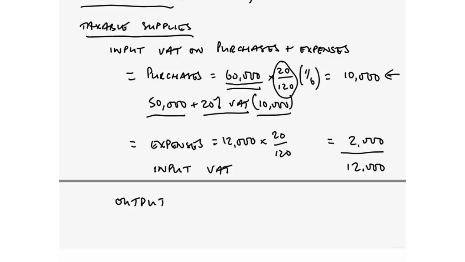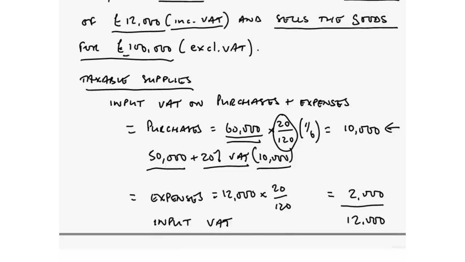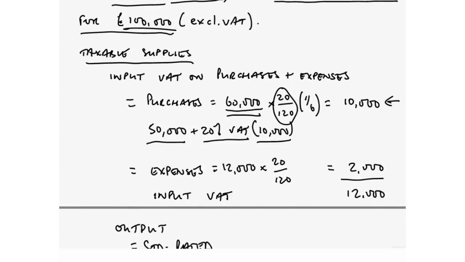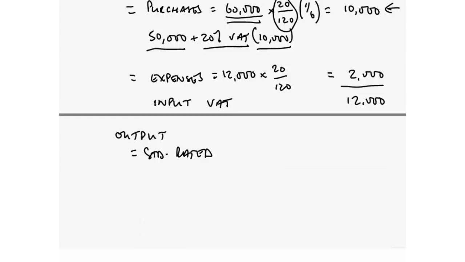So let's look at the VAT that we then have to charge on our sales. Now let's assume to begin with that our sales are standard rated. Now, if our sales are standard rated, remember the figure of sales, £100,000 exclusive of any VAT.